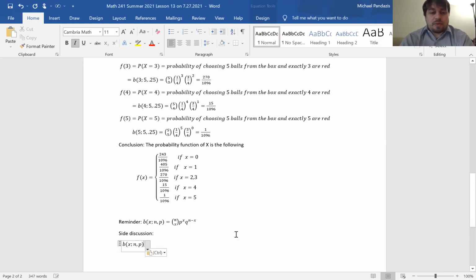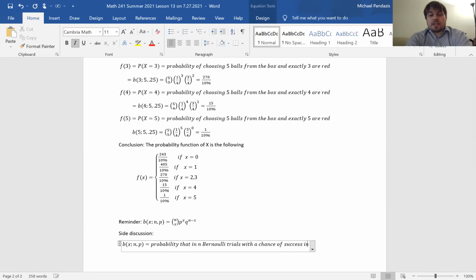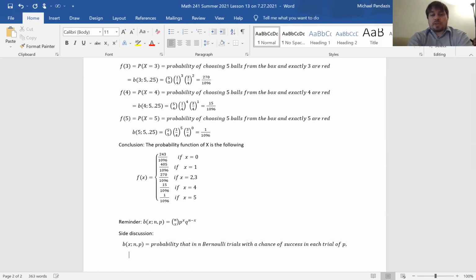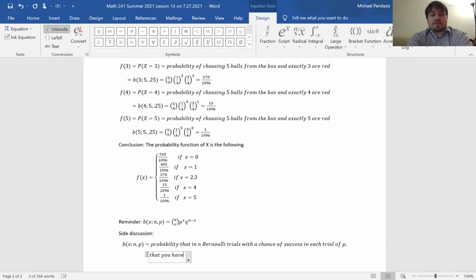When you're looking at this formula, what this is equal to is the probability that in n Bernoulli trials with a chance of success in each trial of p, you have exactly x successes.